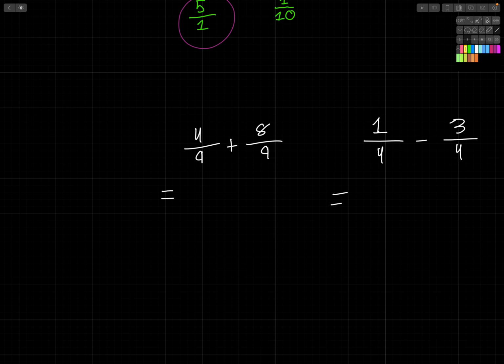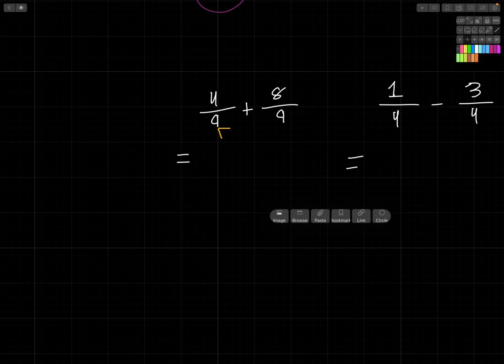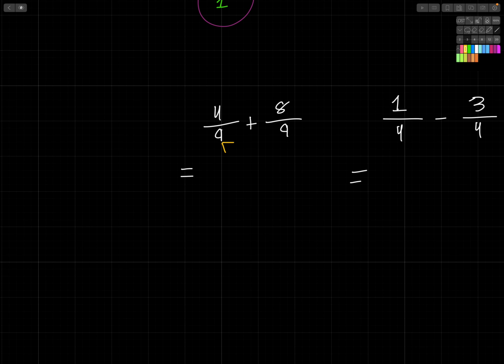So when adding and subtracting, you want the denominator the same number. So here you can see 9 and 9. You see both denominators are the same. So all you have to do is focus on the numerator.